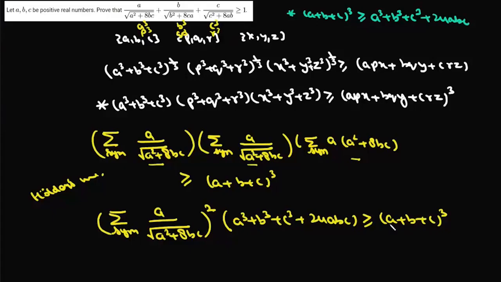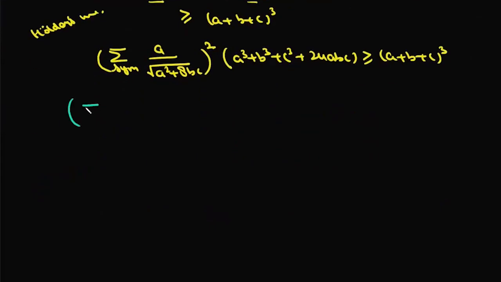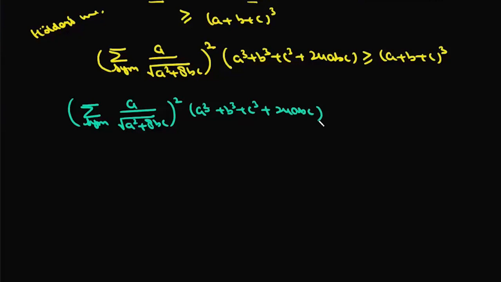Now using this result here, we can write this symmetric sum of A upon under root of (A square plus 8BC) whole square into (A cube plus B cube plus C cube plus 24ABC) will be greater than or equal to this expression. It is greater than A cube plus B cube plus C cube plus 24ABC. Now this 24ABC part will cancel.